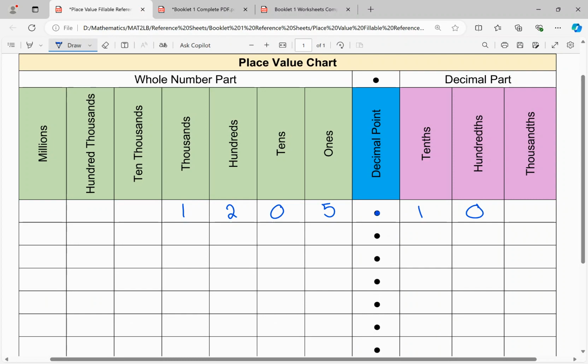I'm going to copy it down just like this so that the decimal is in the right spot. If by accident I wrote this number like this, 125, whoops, that's not even the right number, 1205.10, this would not work out. Please do not do this.